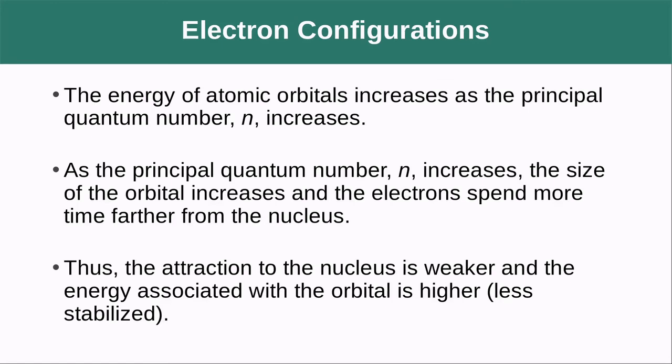The energy of atomic orbitals increases as the principal quantum number n increases. As n increases, the size of the orbital increases and the electrons spend more time farther from the nucleus. Thus, the attraction to the nucleus is weaker and the energy associated with the orbital is higher, less stabilized.